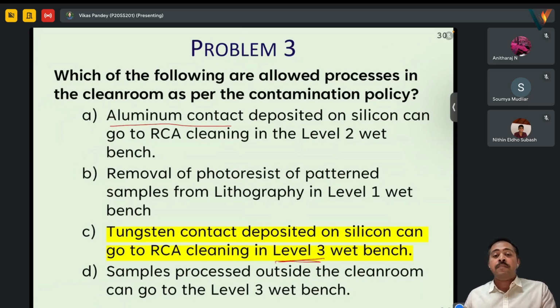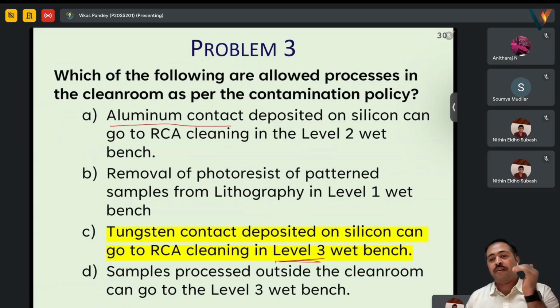Samples processed outside a clean room cannot go to a level 3 wet bench. They will need to first go to level 4, where they will be cleaned and made compatible with level 3.